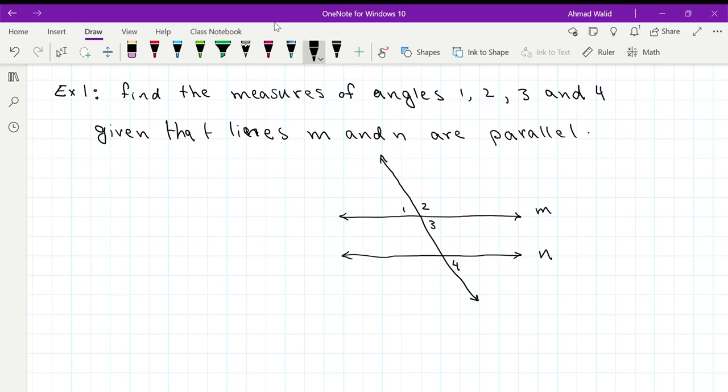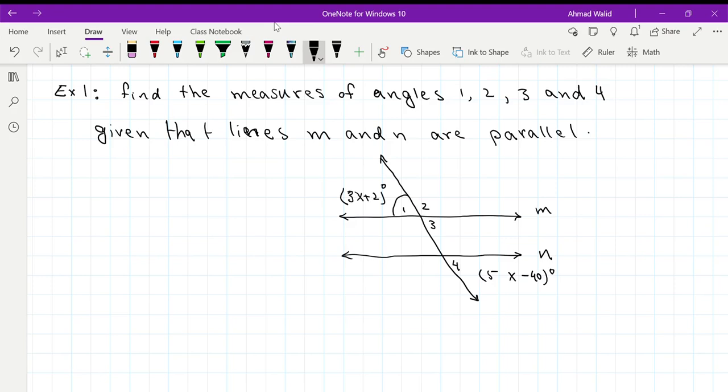For angle 1, they give you 3x plus 2 degree. This angle, angle 1, is 3x plus 2 degree. Angle 4 is 5x minus 40 degree.